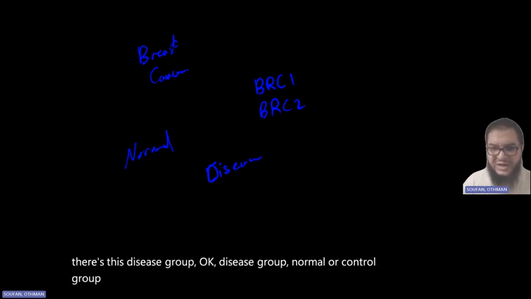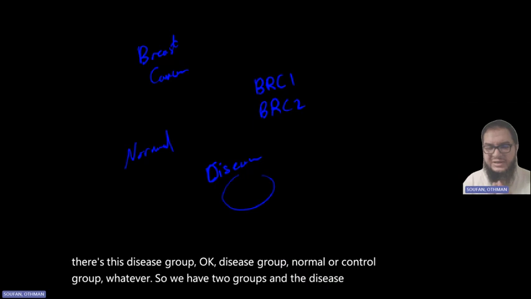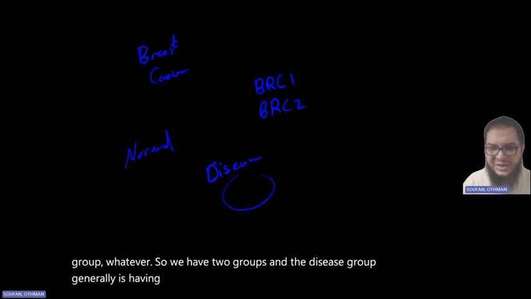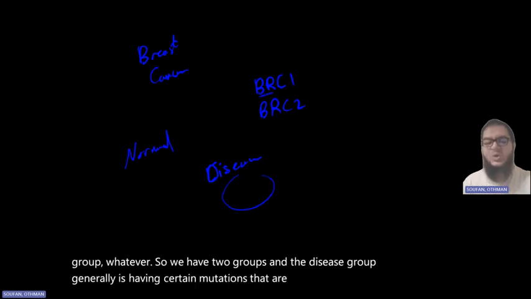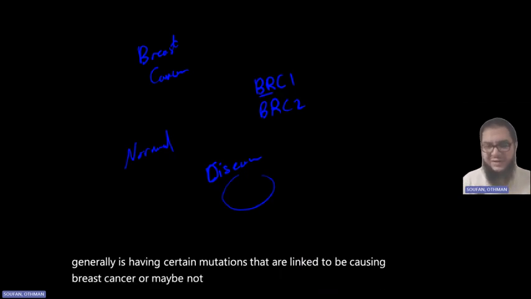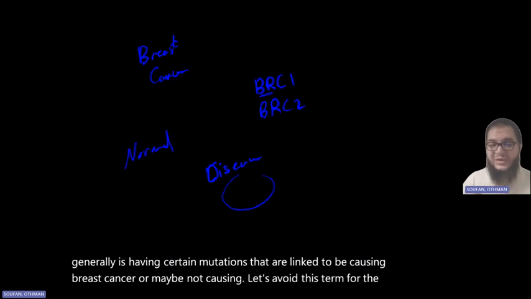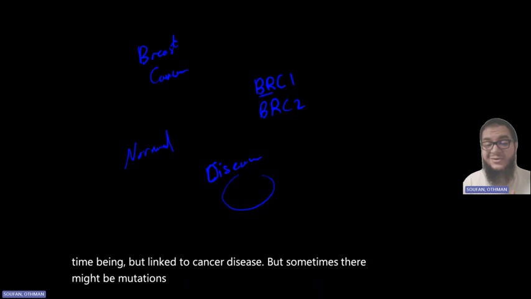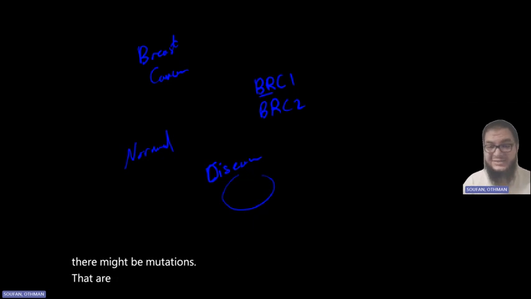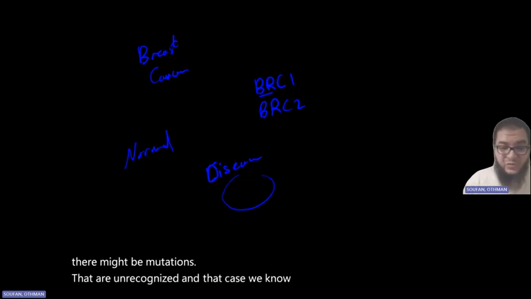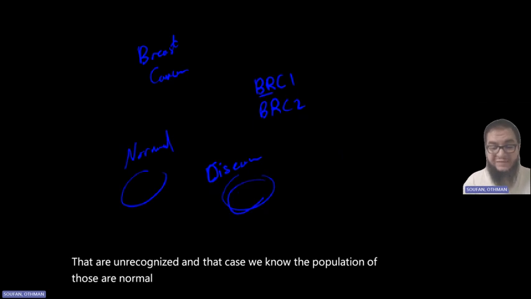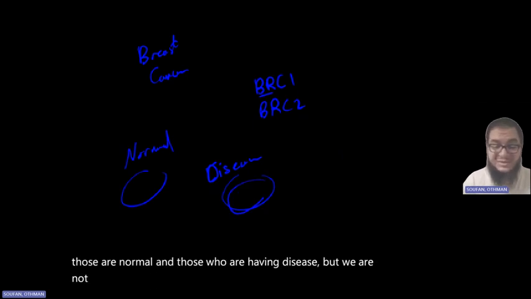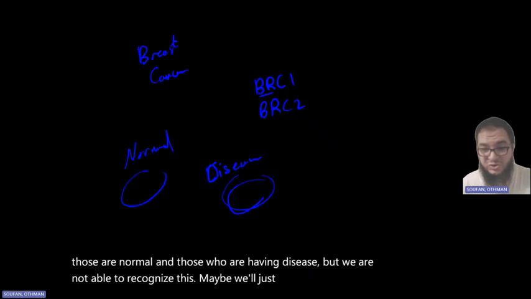So we have two groups, and the disease group generally has certain mutations that are linked to breast cancer, or maybe not causing, let's avoid this term for the time being, but linked to the cancer disease. But sometimes there might be mutations that are unrecognized. In that case, we know the population of those who are normal and those who have disease, but we are not able to recognize this. Maybe we'll discover it in the future, and so on and so forth.